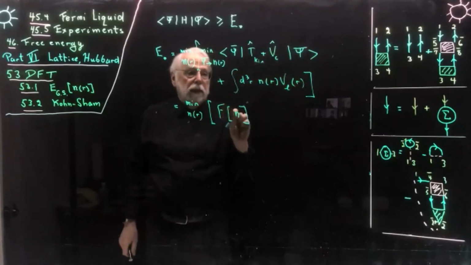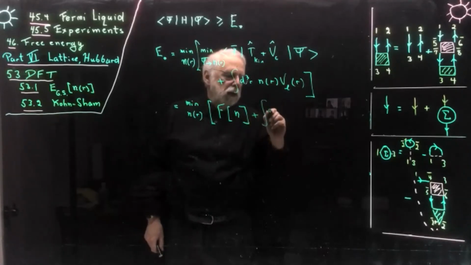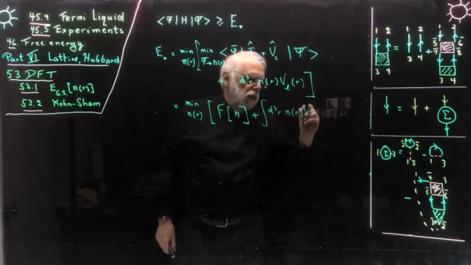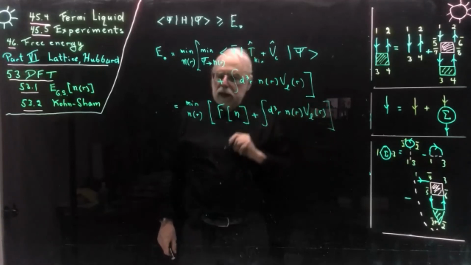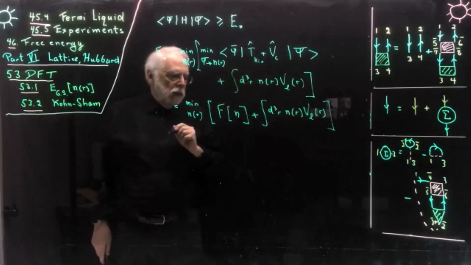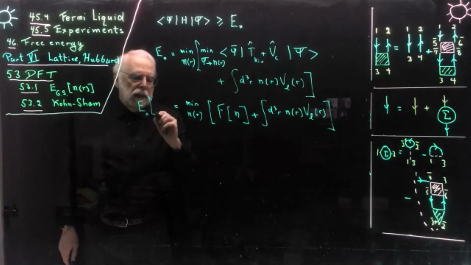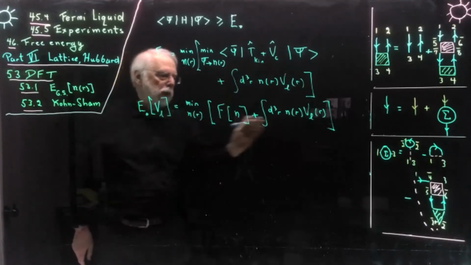That's the definition of a functional, plus the integral d^3r n(r) V_L(r). So what have we established? We have established that the ground state energy E0 is a functional of V_L, because I'm minimizing with respect to n(r).